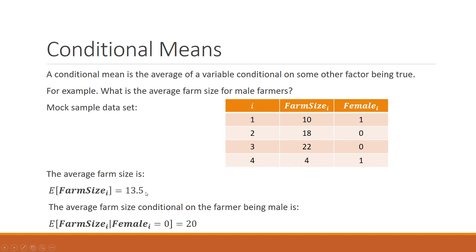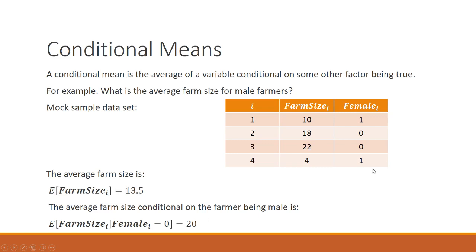But if I said the conditional mean, well, conditional on what? Let's say I wanted to know the average farm size, the mean farm size, conditional on the farmer being male.